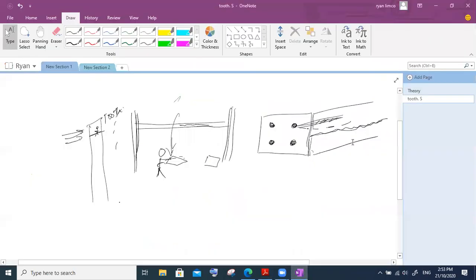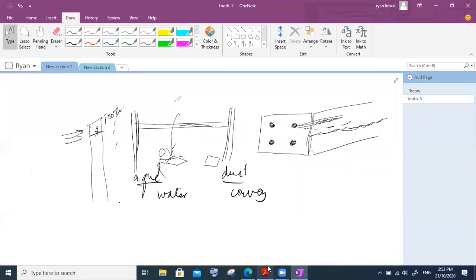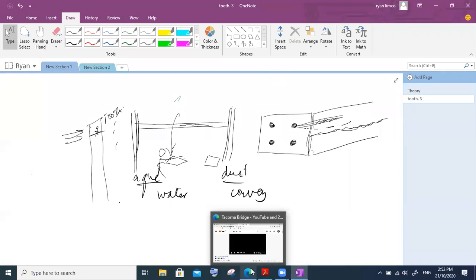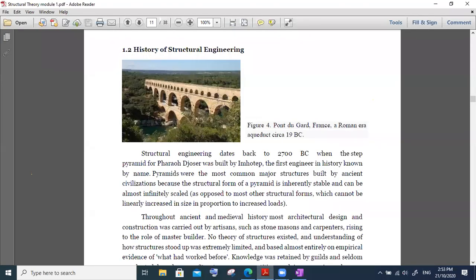When we say aqueduct, aqua means water, and duct means to convey, to convey water. In our time, these are the pipes going to houses in the water system. In their time, this was the aqueduct. But in our modern age, the equivalent is the pipes of the water system.